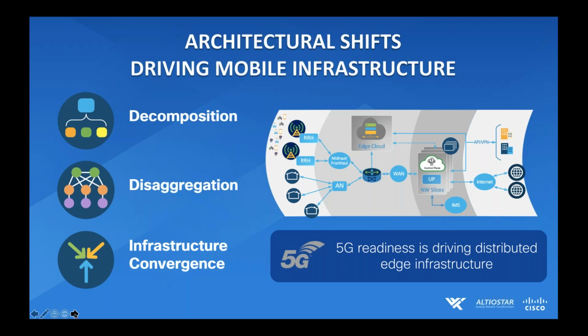The last point, the infrastructure convergence, is less of a major driver in the RAN domain. We are seeing it in every other aspect of the network, but the infrastructure convergence is related to how previously we might have had a separate mobile network, separate from an enterprise network, separate from consumer network.